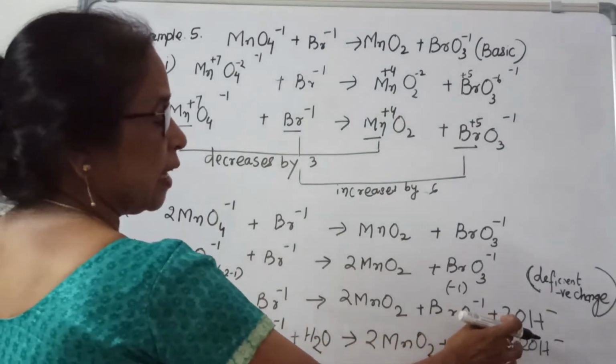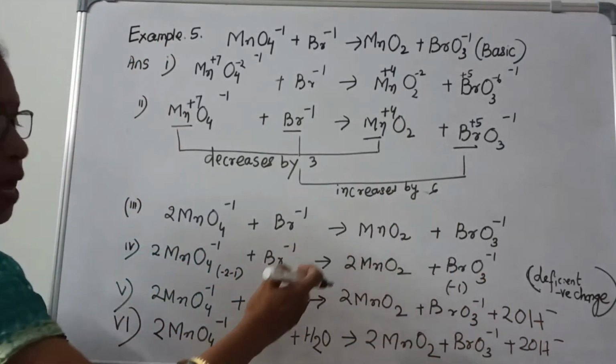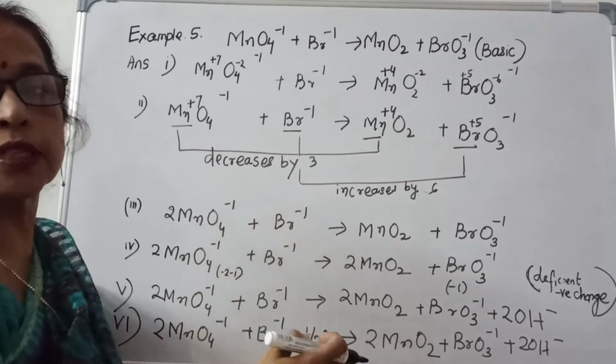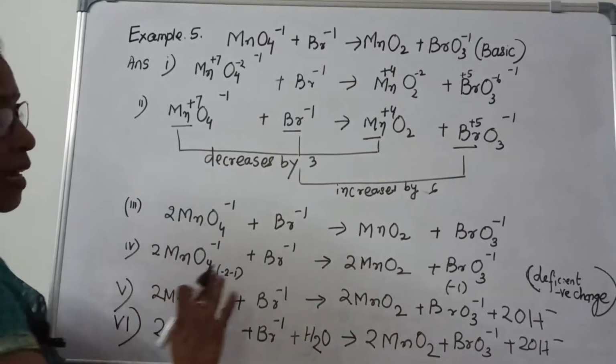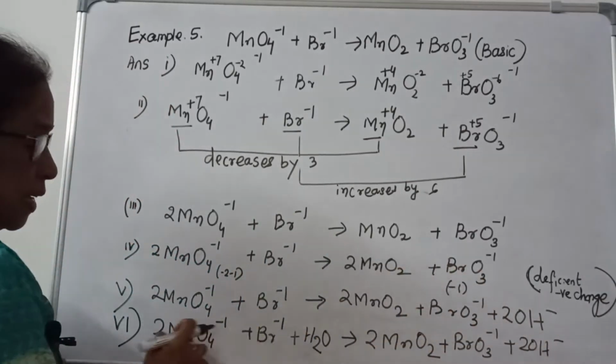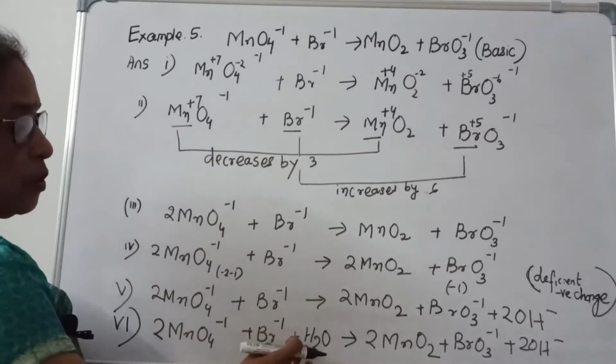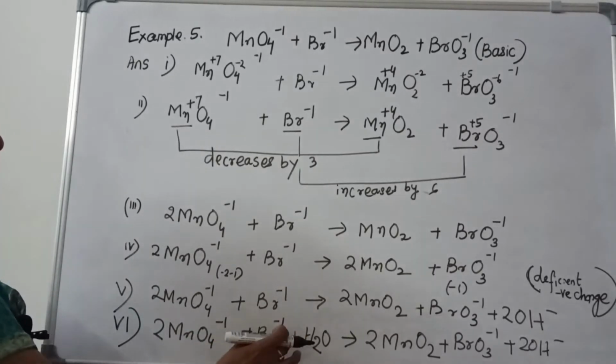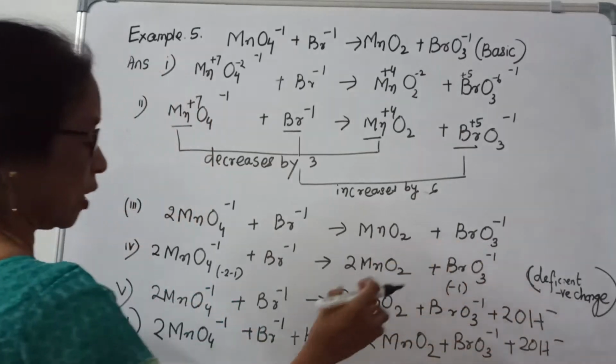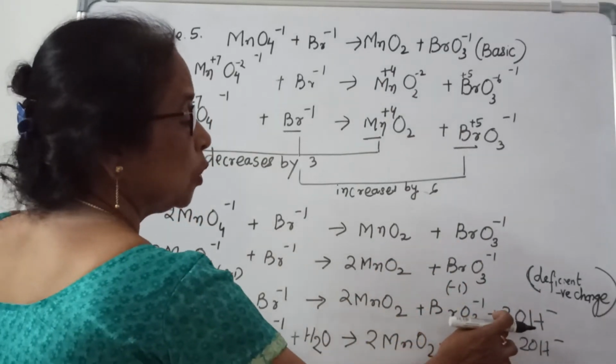Then see here 2 OH minus, how can you balance? That is balanced by water on the deficient side. Here 2 OH minus there, and here there is no hydrogen, only oxygen. That is why the same number of water I will put. How many oxygen here? 2 oxygen.